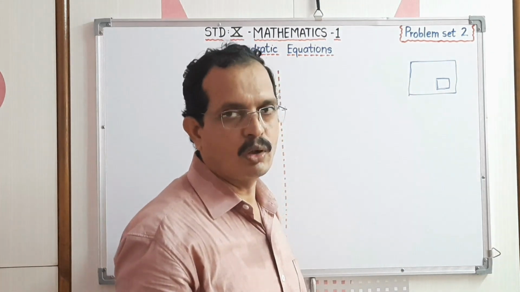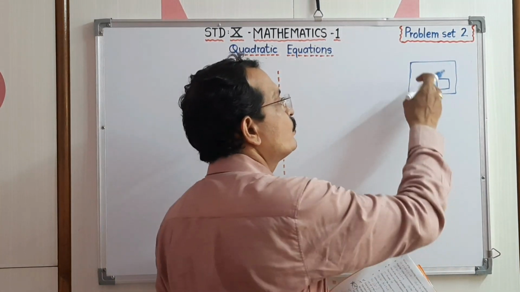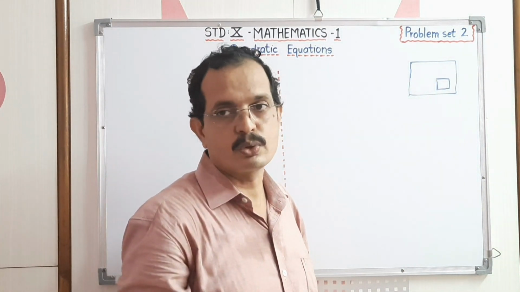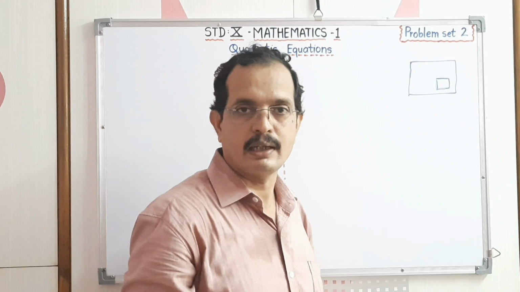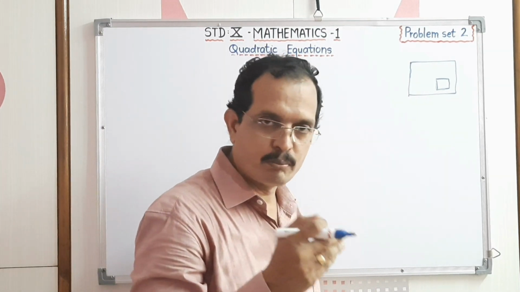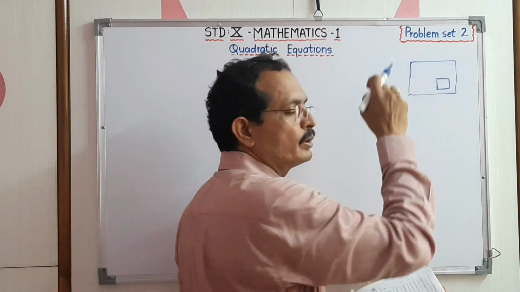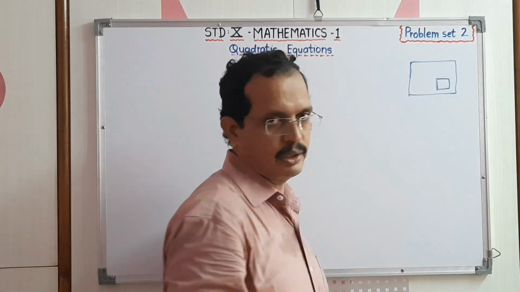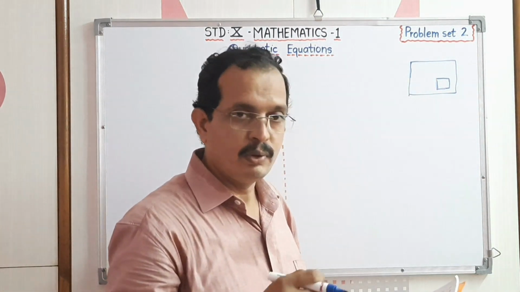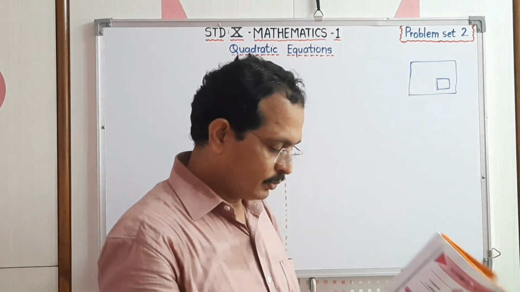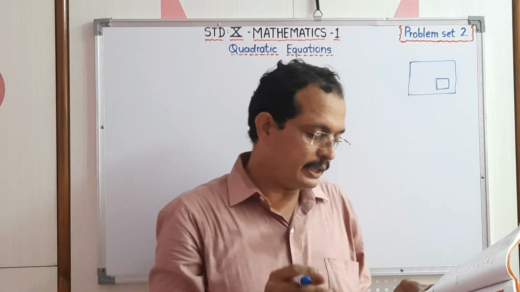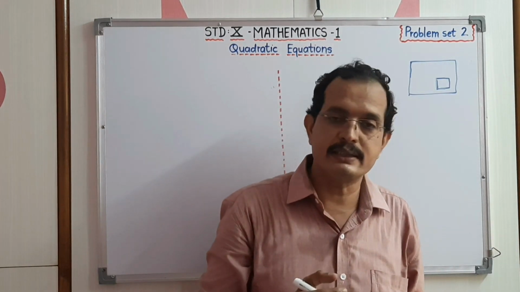And dear student, all of you know that if we have to find out the area of this rectangular farm, we must know the formula, that is L into B. Therefore we must know the length and the breadth of the farm as well as the side of the square. Therefore from the first information, see here, the length of the farm is 10 meter more than twice the breadth.